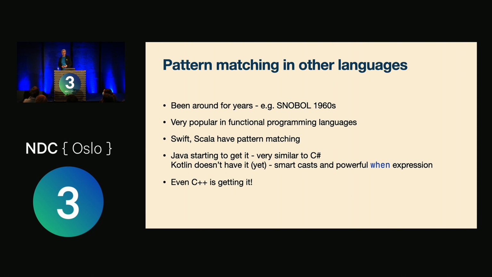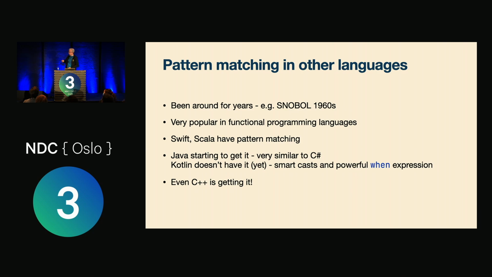Interestingly, talking of Java, Kotlin doesn't have it. There are conversations about it, but right now there's no real movement on that. Kotlin has something different, such as smart casts, which are testing that a value is of a particular type, and then using it like that type.